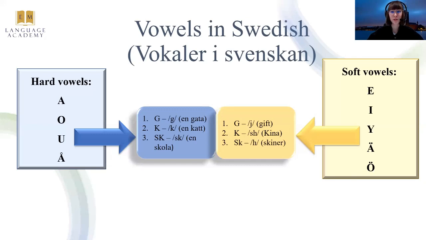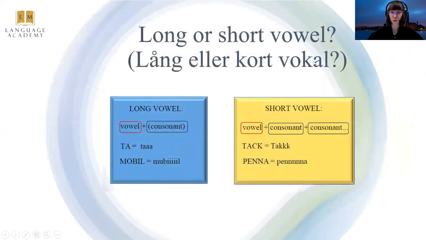Now, the vowels in Swedish are not only grouped into hard and soft, but also into long and short. So what is the rule? Long or short vowel? Or lång eller kort vokal? The rules are quite simple. We have a long vowel when this vowel is followed by one consonant only, or when it stands alone.